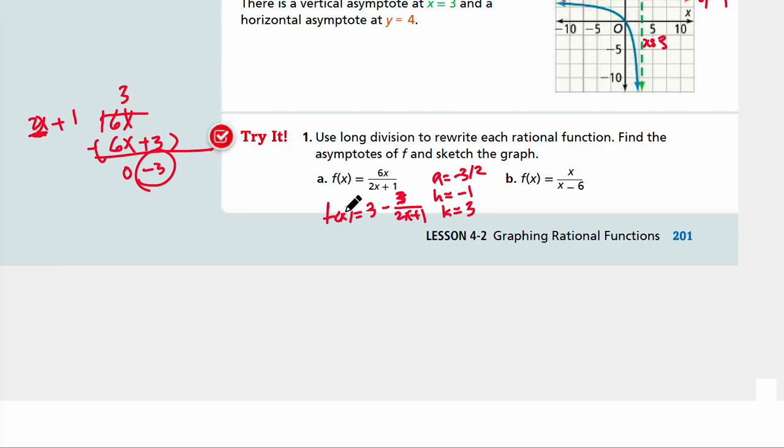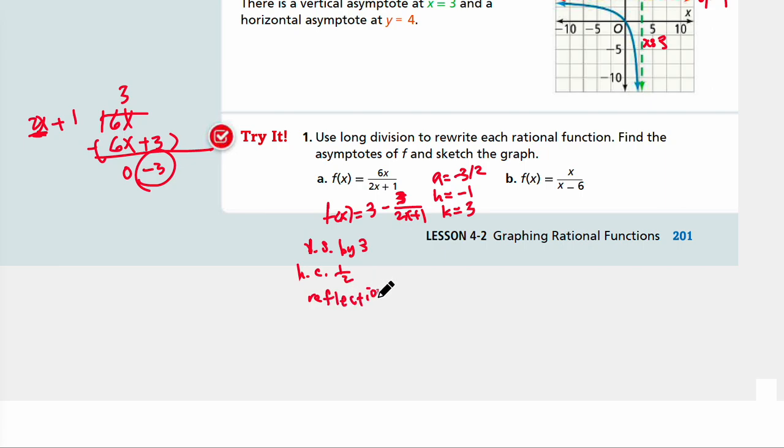So really, if you look at this one by one, you have a vertical stretch by a factor of 3, and the horizontal compression by 1 over 2, and then negative, that is a reflection.